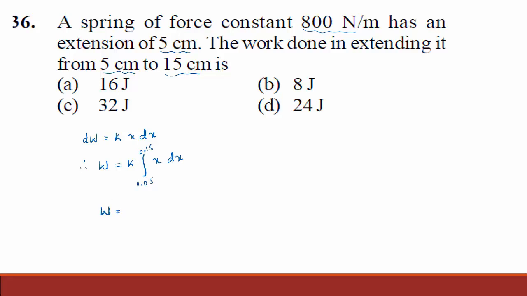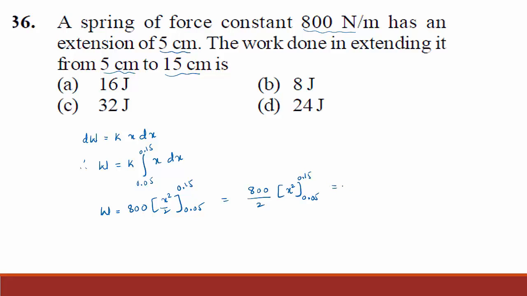W equal to, the K value is given 800 Newton per meter, integration of x is x square divided by 2 from the limit 0.05 to 0.15, or we can write 800 divided by 2 outside, remaining is x square from the limit 0.05 to 0.15.